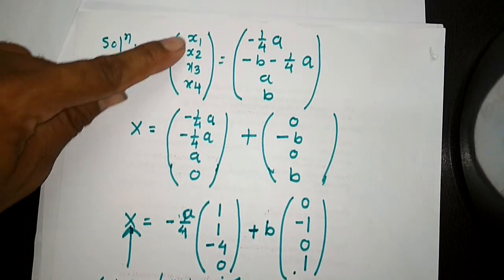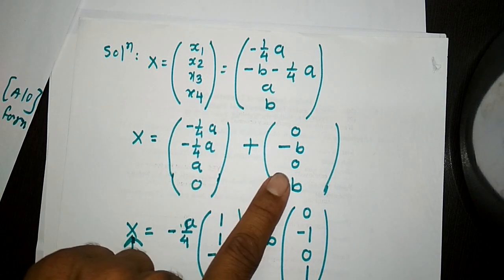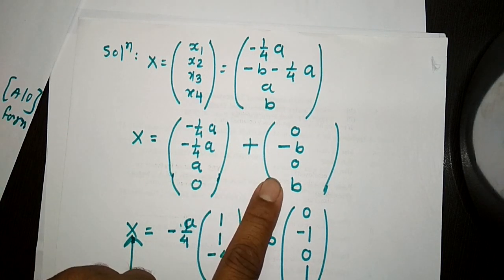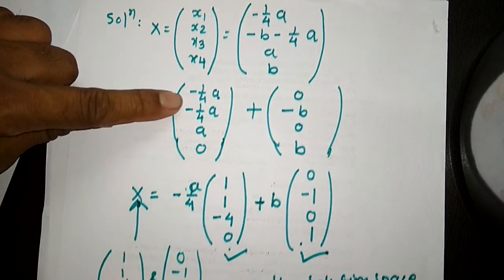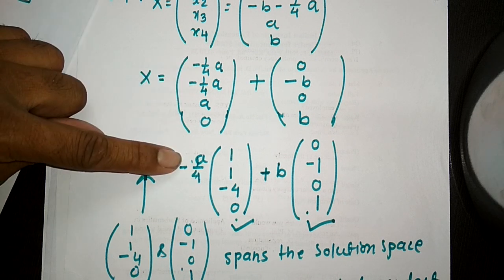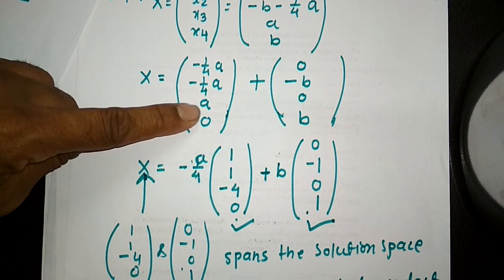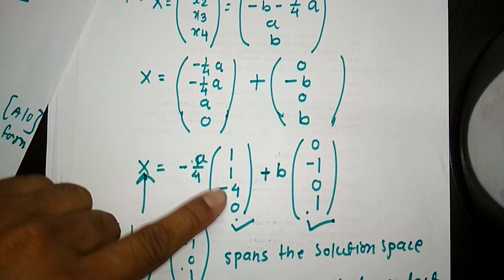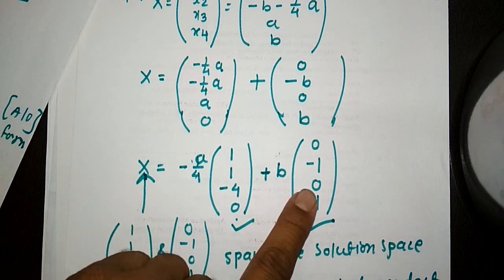X is x1, x2, x3, x4 written in this way. We split this vector into the addition of two vectors: these are the terms of A, these are the terms of B. We take the minus 1 by 4 A outside, so we get 1, 1, and since the coefficient is minus 1 by 4, we multiply by minus 4, 0. And here we take B outside: 0, minus 1, 0, 1.